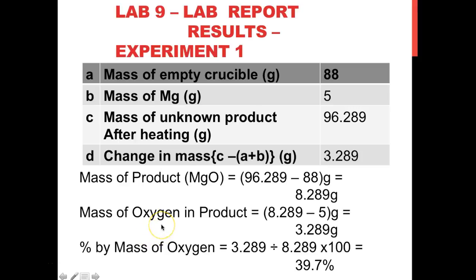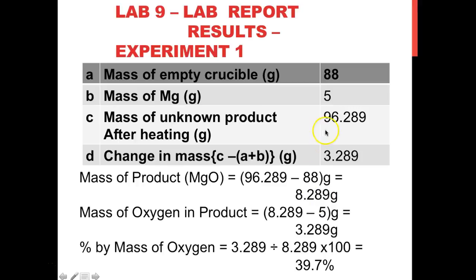So the results are as follows. We went over this in the previous slide. The mass of oxygen in the product was 3.289 grams. So basically you had 5 grams of the magnesium, and then when you add the mass of oxygen, the mass of the magnesium oxide is 8.289.